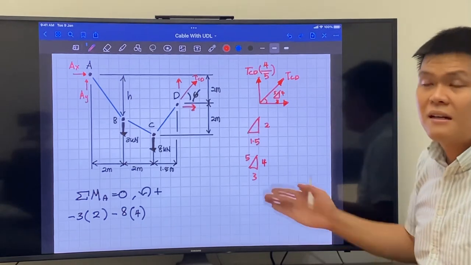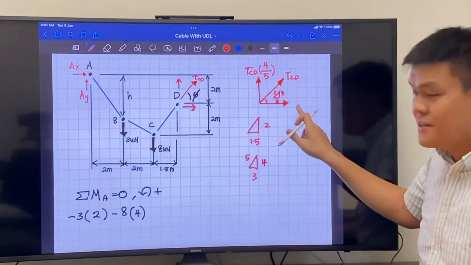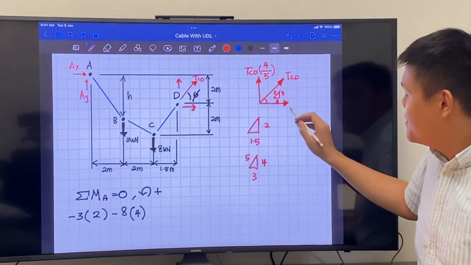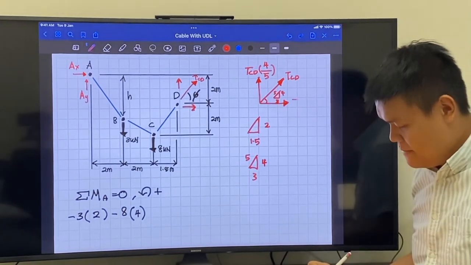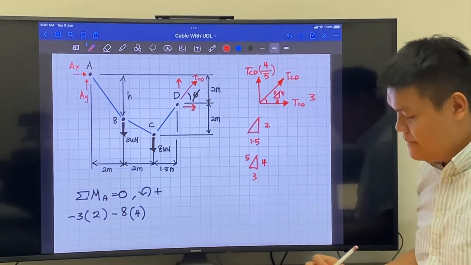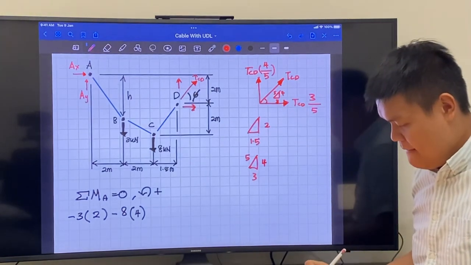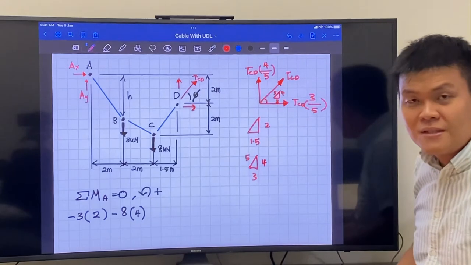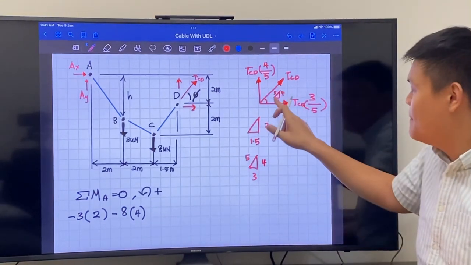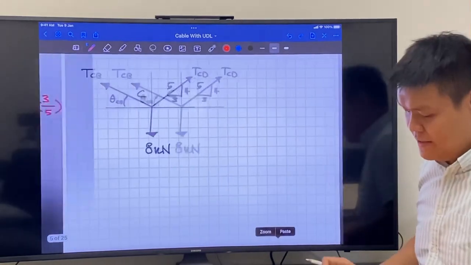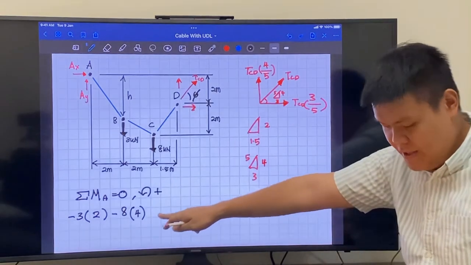That's how much of the component TCD acts in this direction. For this direction, we take the component which is the same direction as this, which is 3. So we put 3 on top, divided by the hypotenuse, 5. That's how you resolve TCD into its component forces with the ratio, as you can see here. So let's continue on with this equation.